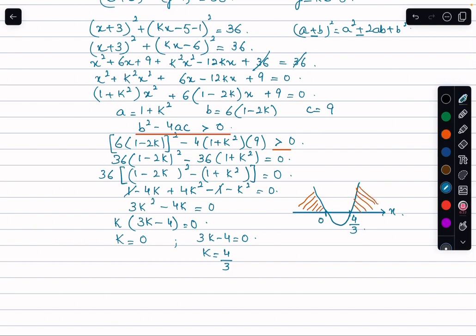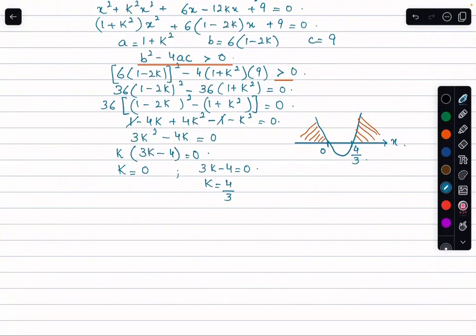Therefore, I can say that k should be less than 0 or k can be greater than 4/3. And this is going to be the answer for the set of values of k that we were supposed to find here.